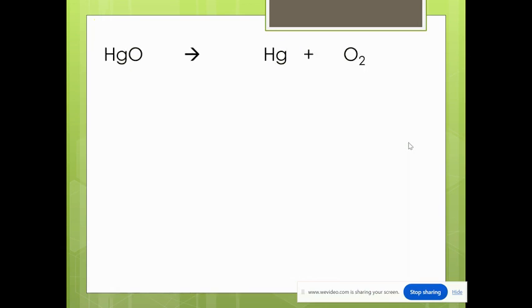All right. So here we go. Here's our first equation. And this is the way we're starting out. We're going to be giving you equations like this. We may say to you, mercury 2 oxide yields mercury plus oxygen.